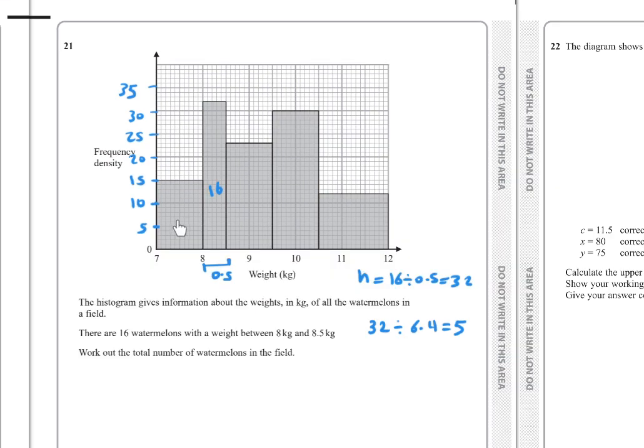Now we can find the area of each rectangle. For the first rectangle, base 1, height 15, so 1 times 15. For the second one, it's given to you, 16.